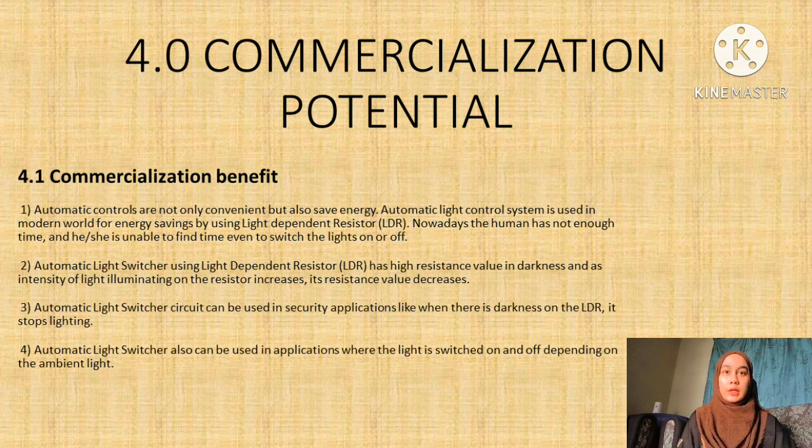The third one, the automatic light switcher circuit can be used in security applications, where there is darkness on the LDR, it stops lighting. And the last one, the automatic light switcher also can be used in applications where the light is switched on or off depending on the ambient light.